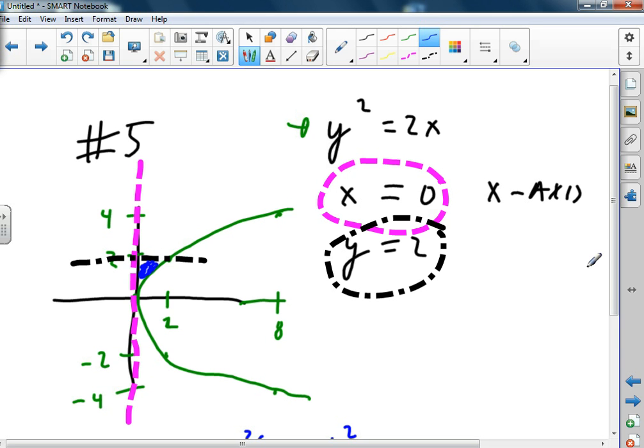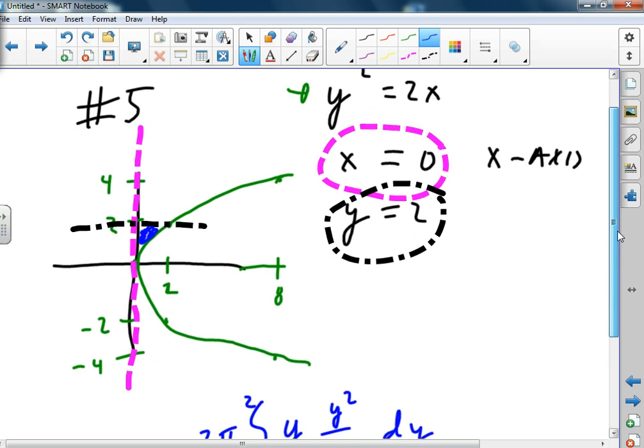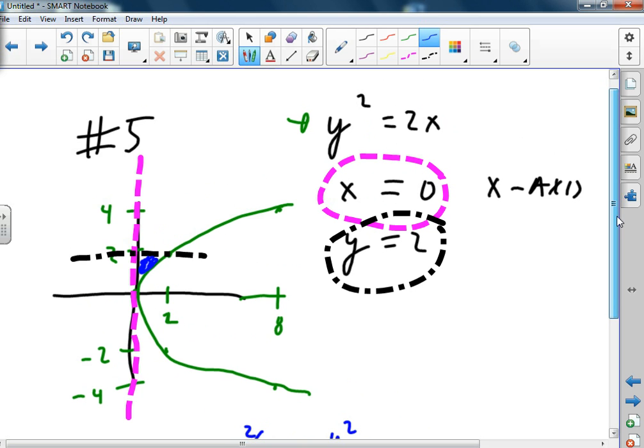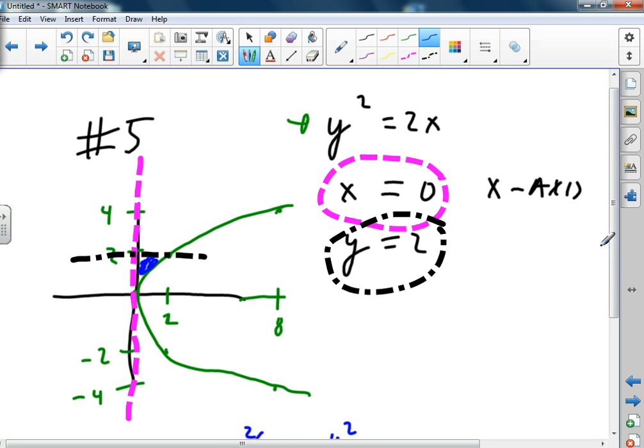No, it's not. This is number 5. I'm doing it about the x-axis.